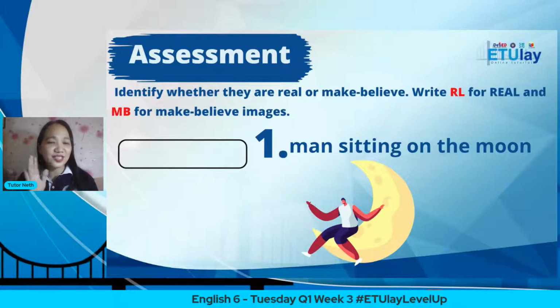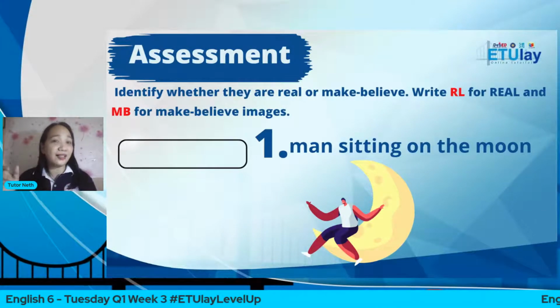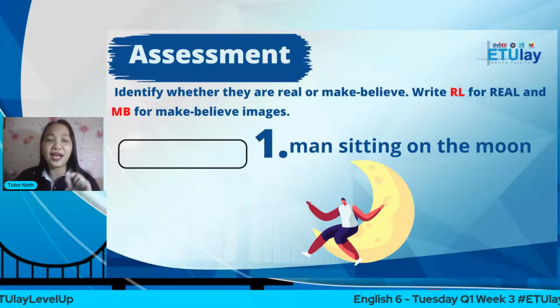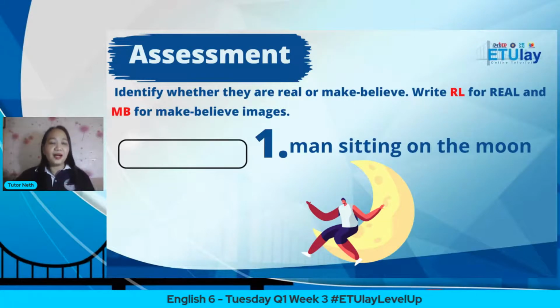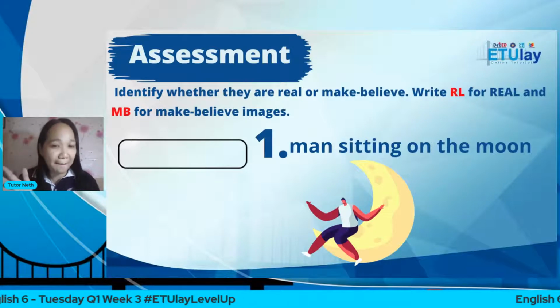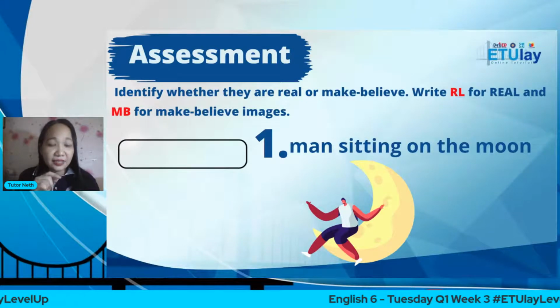Number 1. A man sitting on the moon. So what is that? RL or MB? Remember to type the number of the item before your answer. Let us see number 1. Reynald says MB. Jansen Viray, MB.